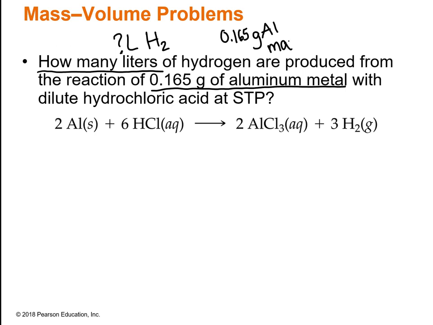That sure looks like a mass. And it says that it's happening at STP with dilute hydrochloric acid. You have a given mass, and you're asked about a volume. So that means that it has to be a mass to volume question. Don't skip that step of identifying the type of question you have, because if you skip it, you may not do the final conversion properly.